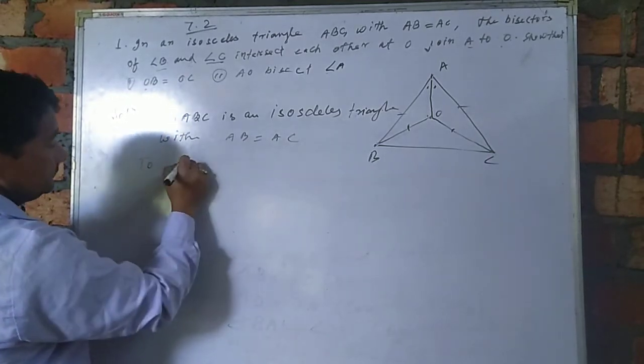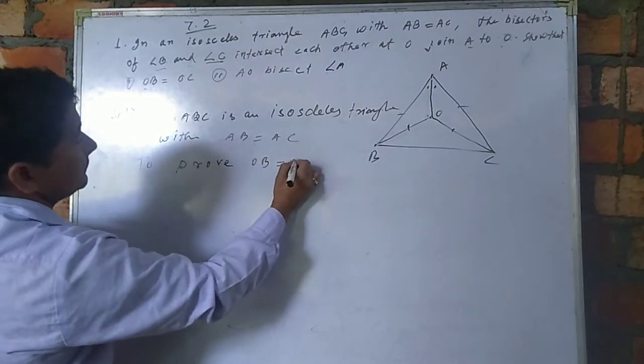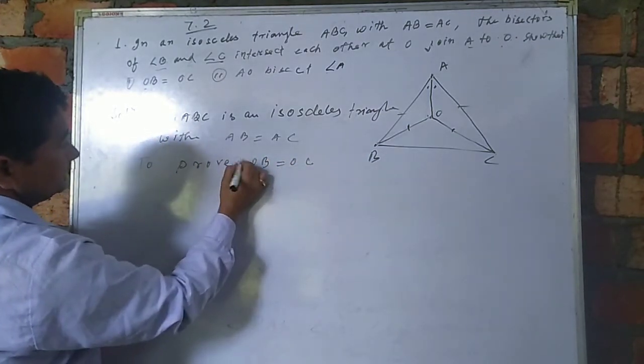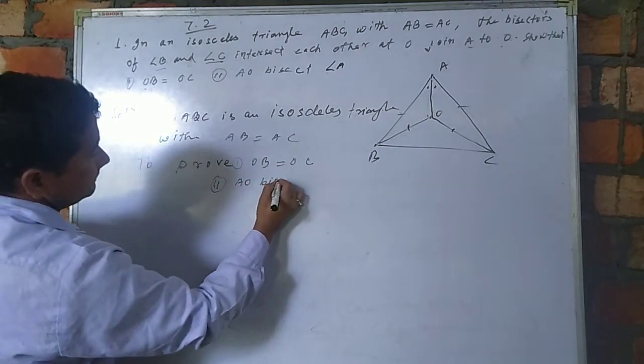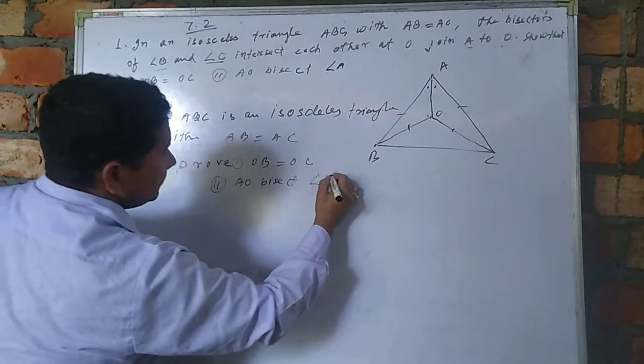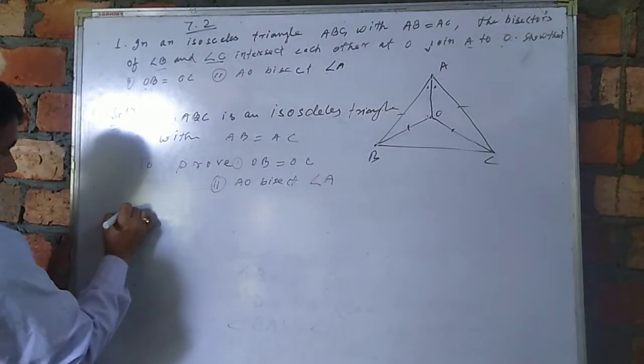To prove: OB equal to OC and OA bisects angle A. Proof.